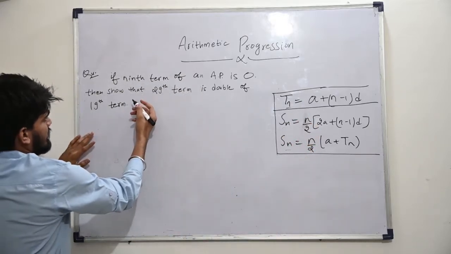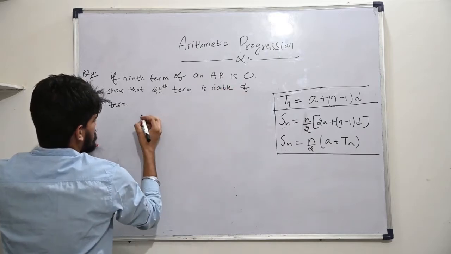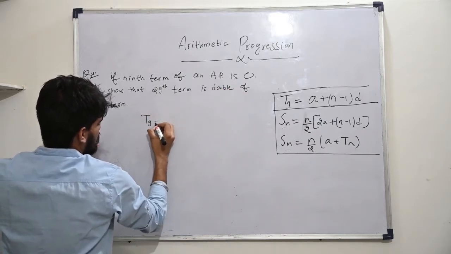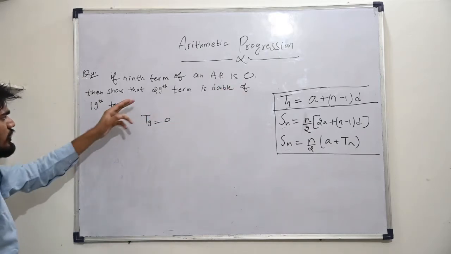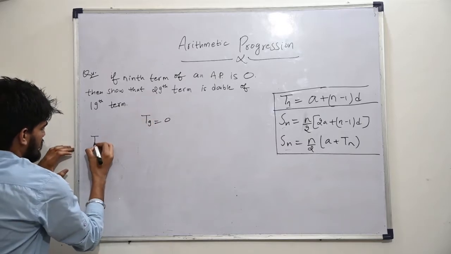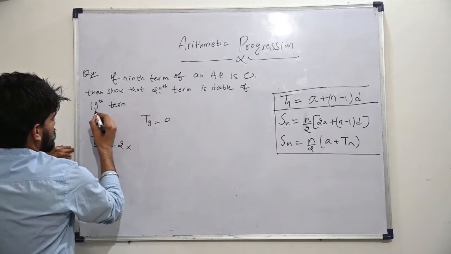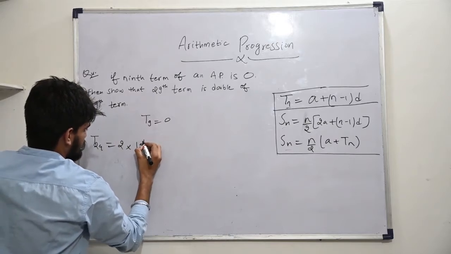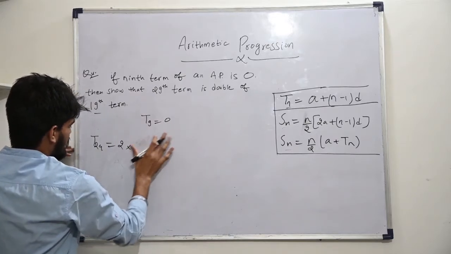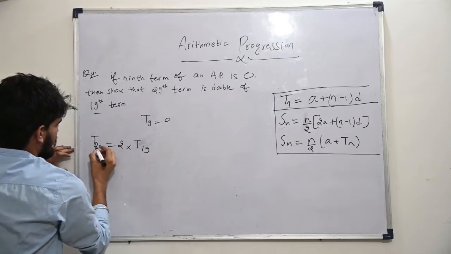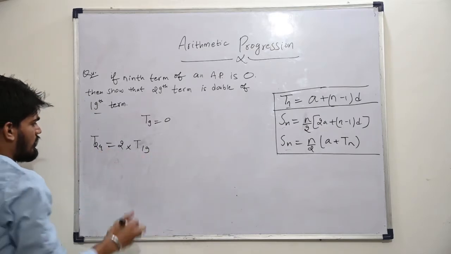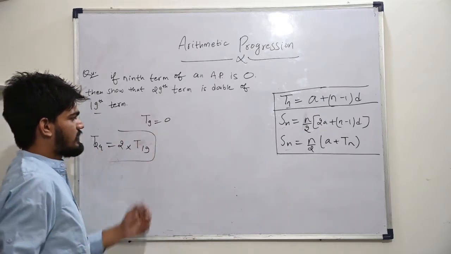Alright, given that the 9th term of an AP is 0, T9 is equal to 0. Show that the 29th term, that means T29, is double the 19th term, that means T19. That's what we have to prove. Alright. T9 is equal to 0.